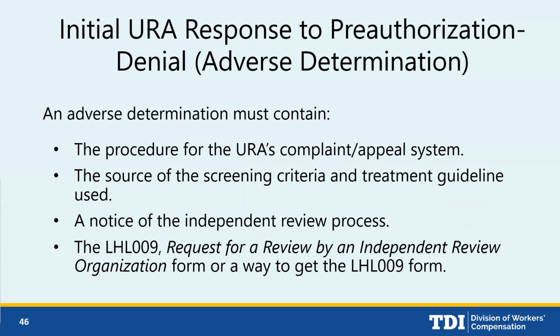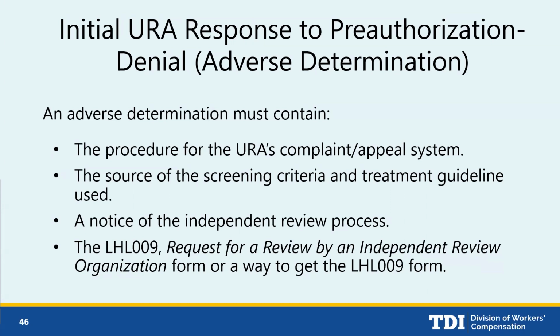Also, the URA's complaint and appeal system information should be on that piece of paper denying, the adverse determination denying the services you're asking for pre-auth for. Also, the source of the screening criteria or treatment guidelines used to make that adverse determination. In the non-network world, it's ODG. But what other screening criteria did they use?